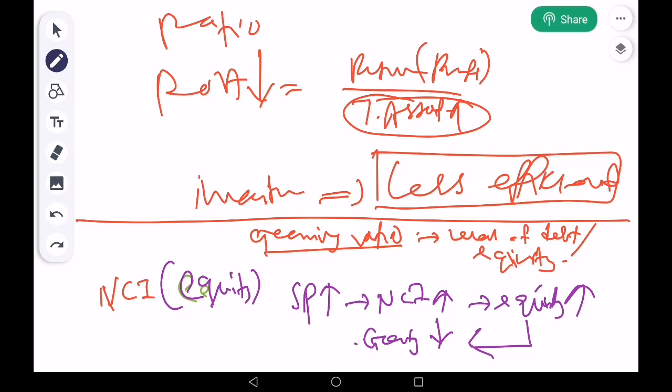Why do investors like gearing to be lower? It shows the financial risk of the group will also be lower, because of the denominator. Your equity is higher, your gearing will be lower.